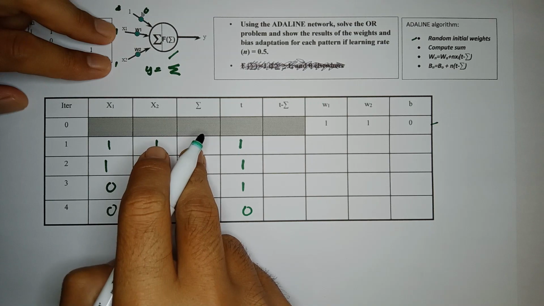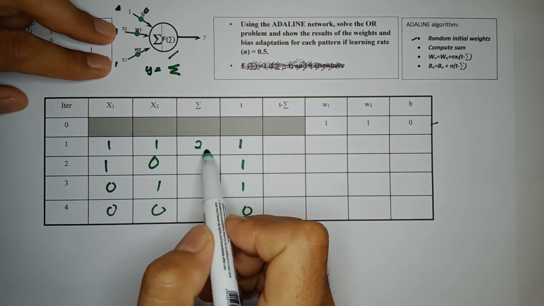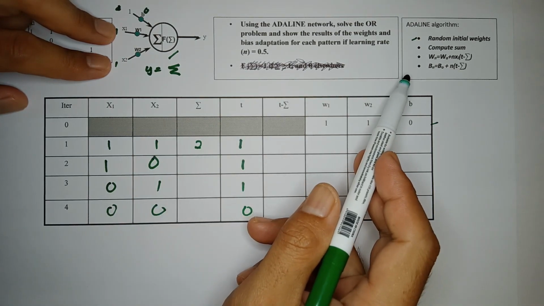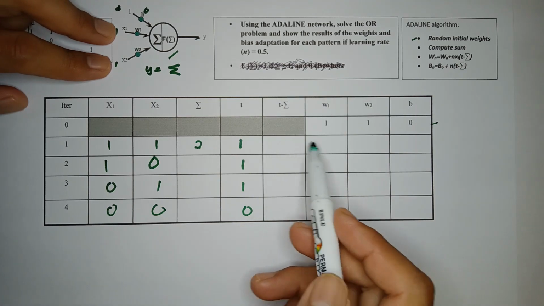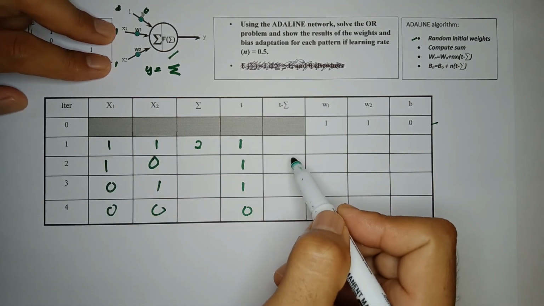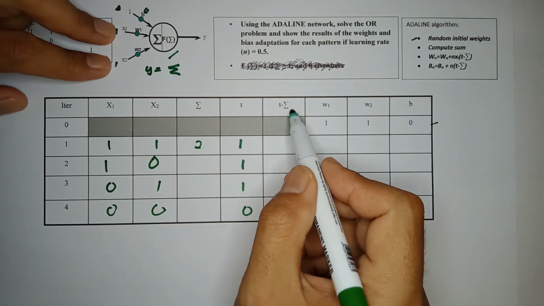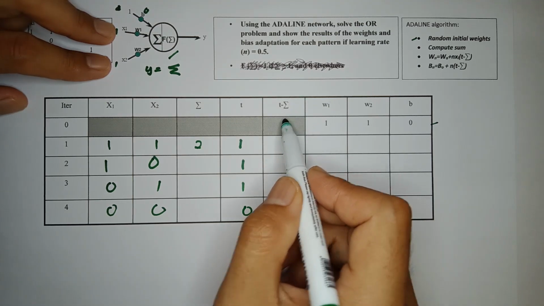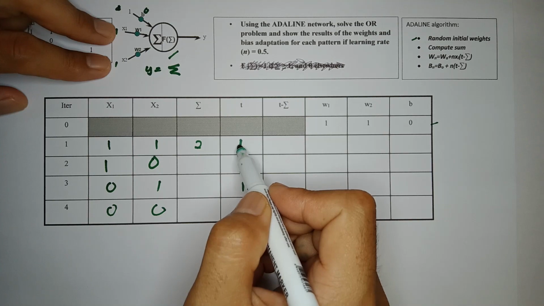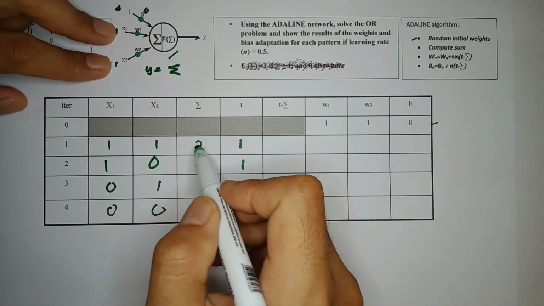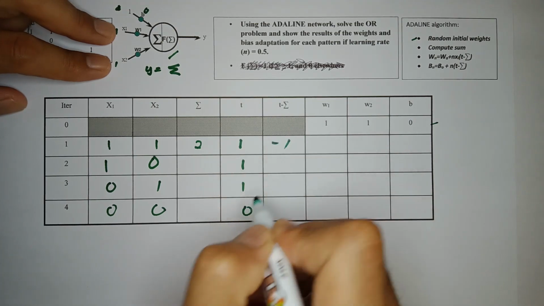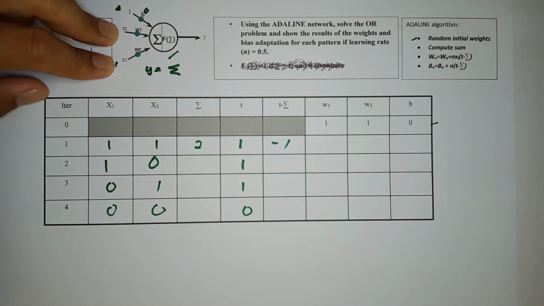Previously, for the perceptron, we took this value and compared it with the threshold, and then put y here. But in this case, we just straightaway deduct: t minus summation. Here t equals 1 and the summation equals 2, so 1 minus 2 equals -1.